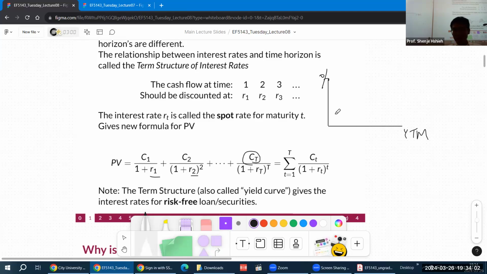You may see a curve that's like this, right? So each point on the curve, you can think of it for now just as the yield to maturity for a specific bond that matures, for example, in 1 year or 5 years, etc.